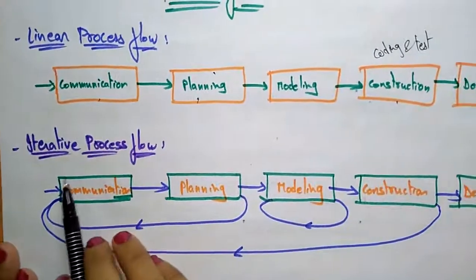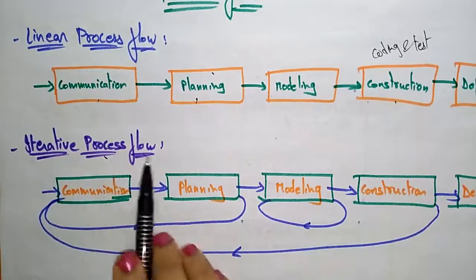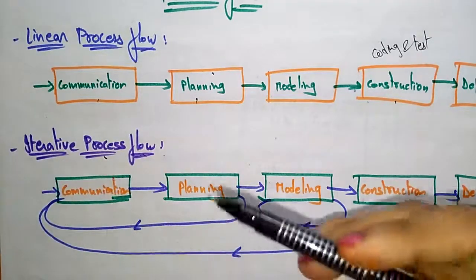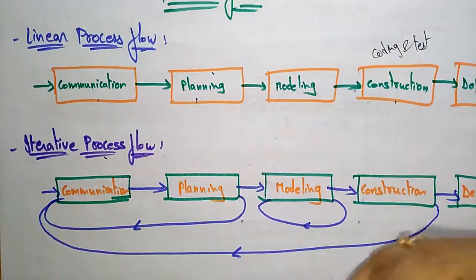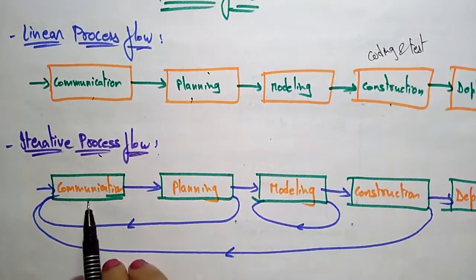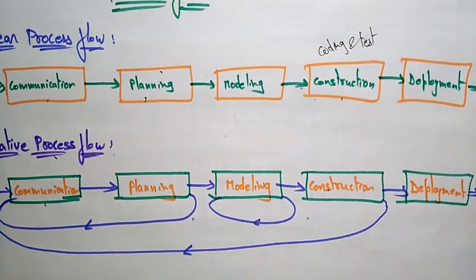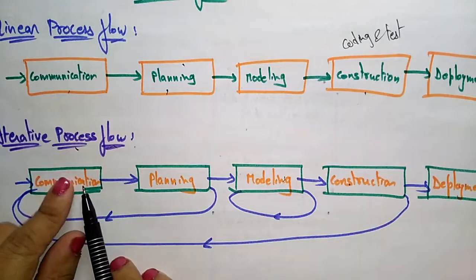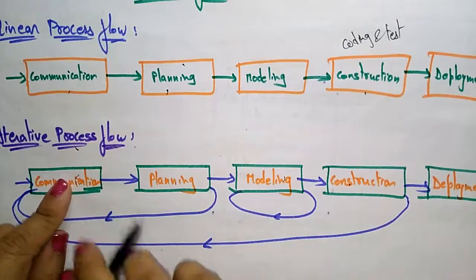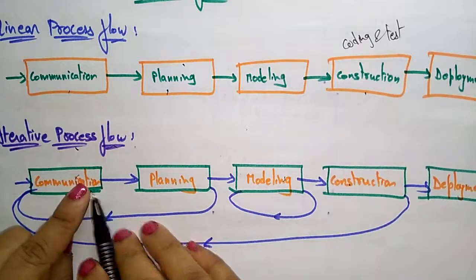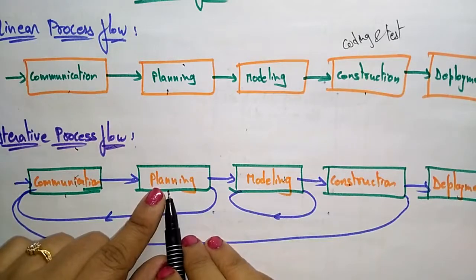Now coming to the second type of process model, that is the iterative process flow. Iterative means a loop condition, continuously rotating like that. The same phases: communication, planning, modeling, construction and deployment. Once the customer communicates with the developer and gives some specification, the developer is going to plan the project.